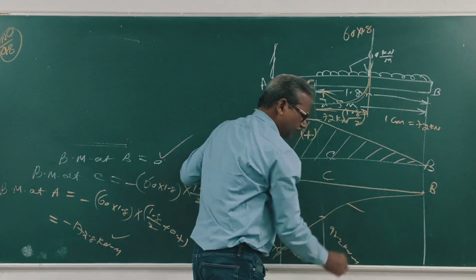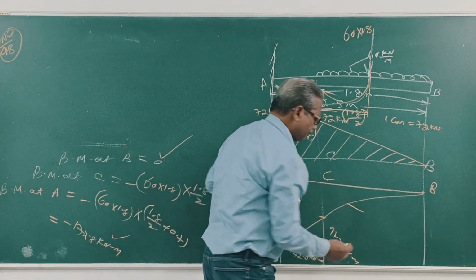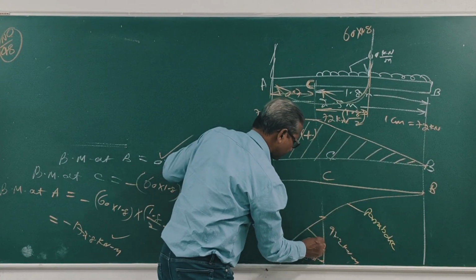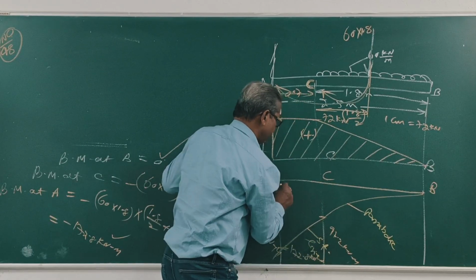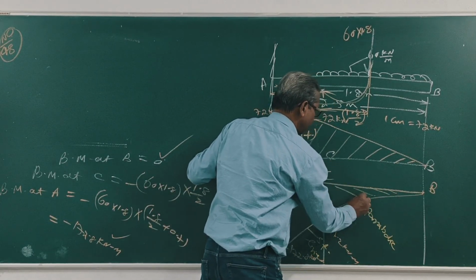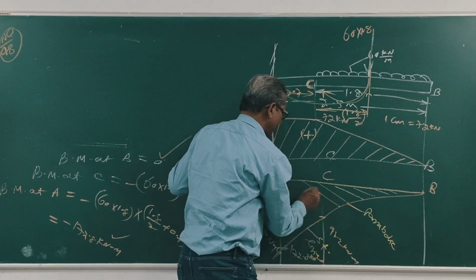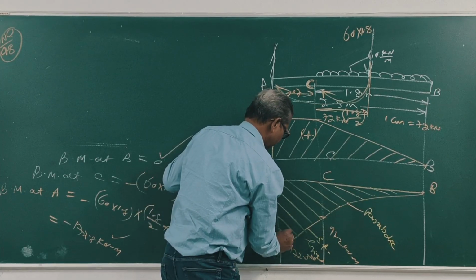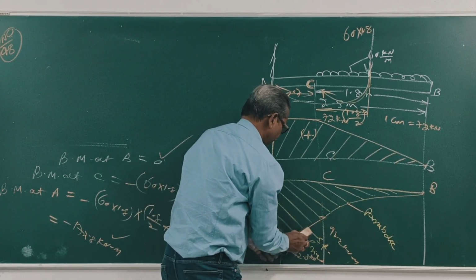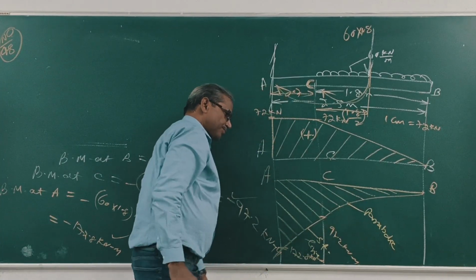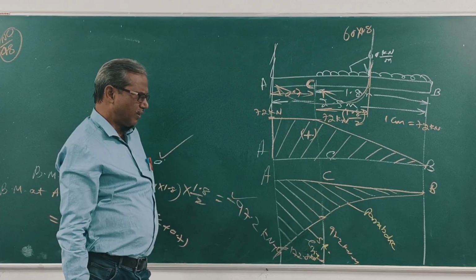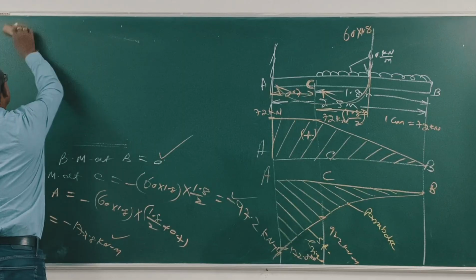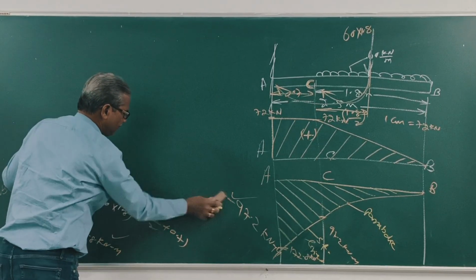This is parabolic, this is a straight line. Clear? Next question, 49.